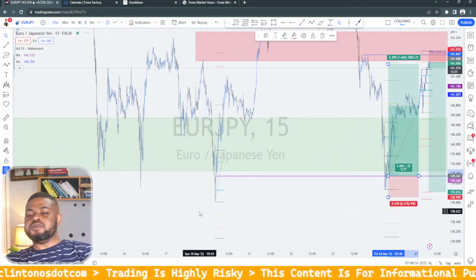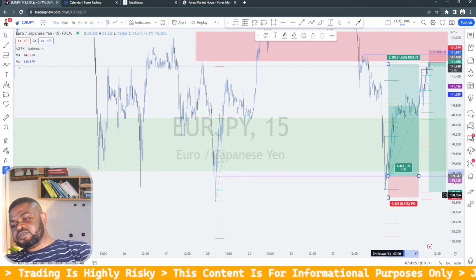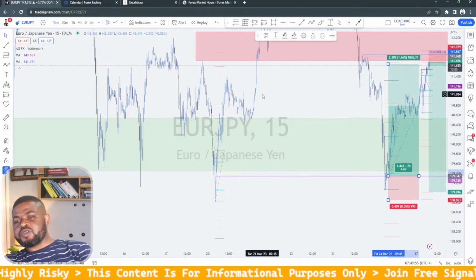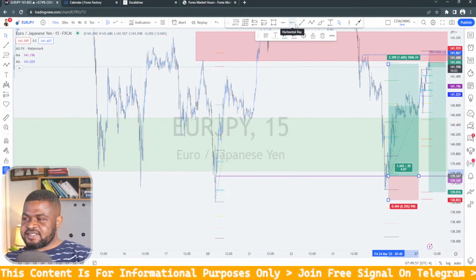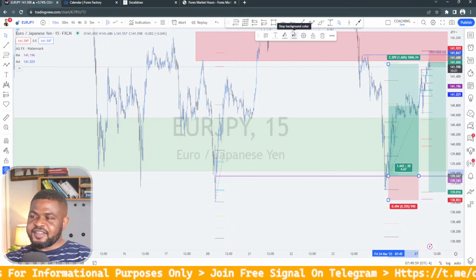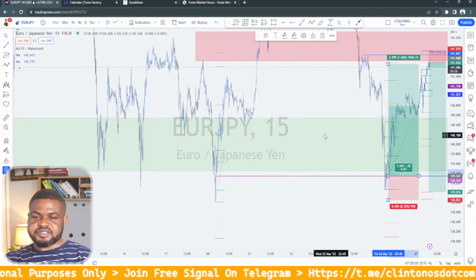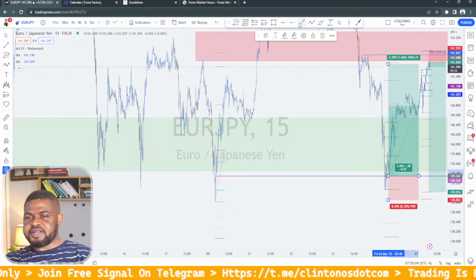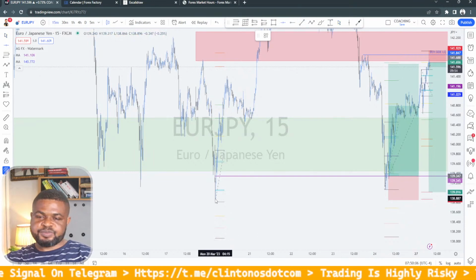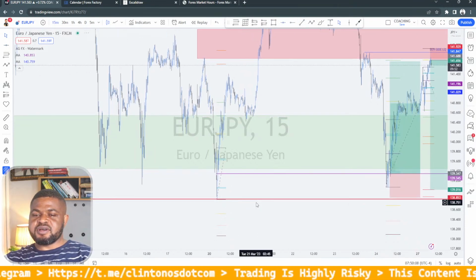My low is below this, my stop loss is below this low. My mic is kind of blocking my view of the screen, so that's what I'm trying to, you know. All right.